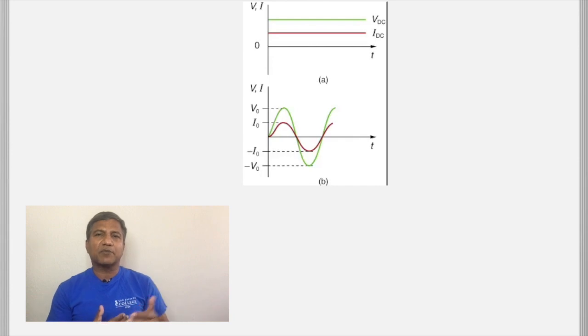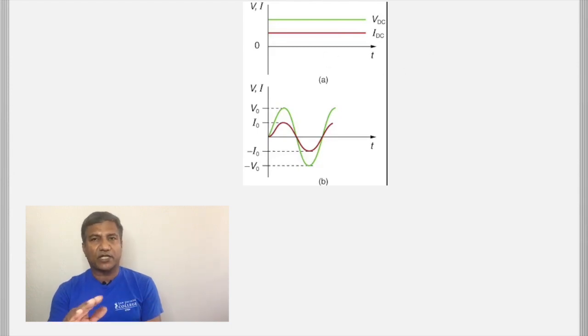But the second type of current that we've been looking at so far, supplied by batteries, is called a direct current. So you have alternating currents and direct currents. And the graph here really shows you the difference between the two. Now, in a direct current, the current and voltage remain constant.